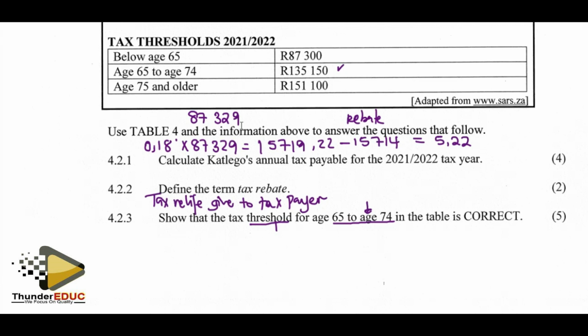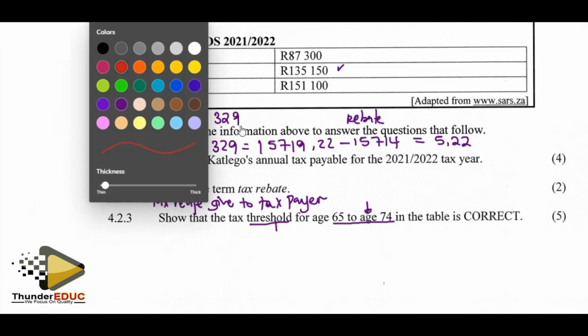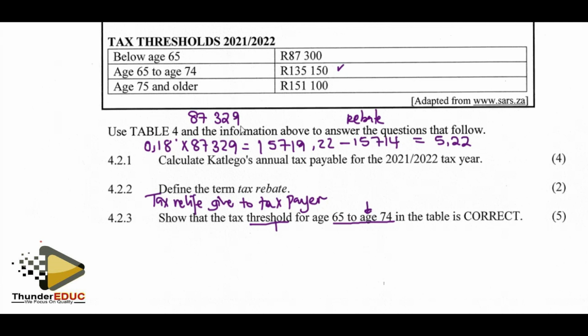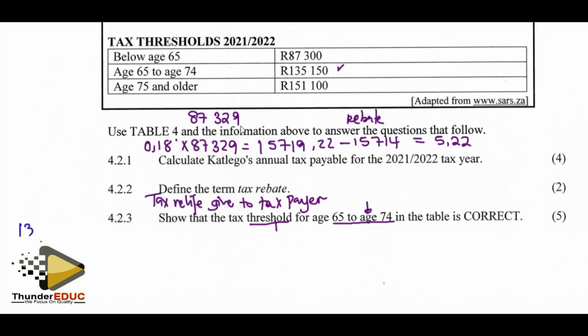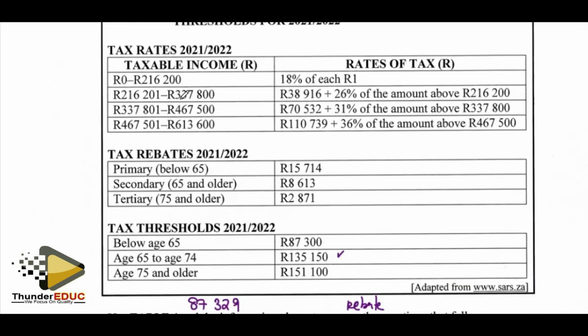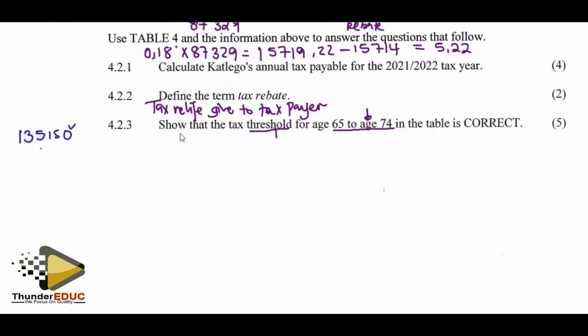So we shall pretend someone earns that in a year. If someone earns 135,150, which bracket are they in? They are in the first bracket. So we say 18% times 135,150.